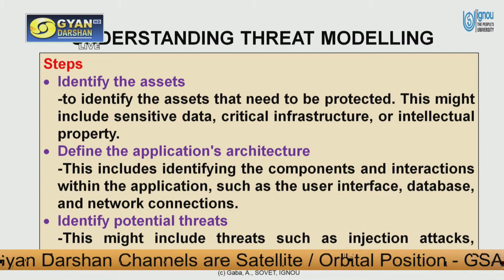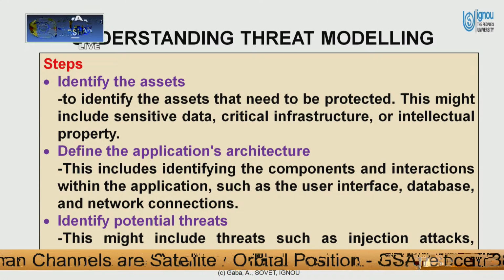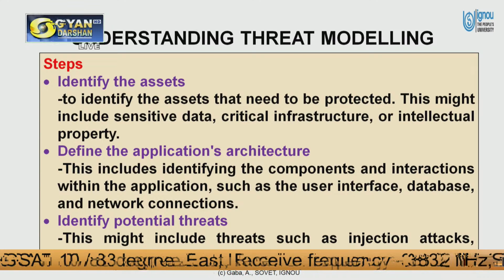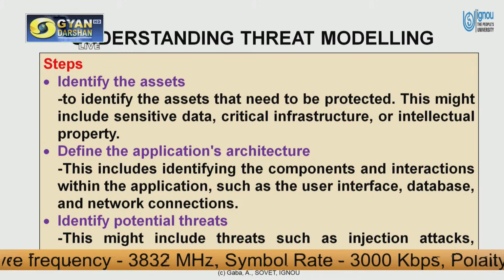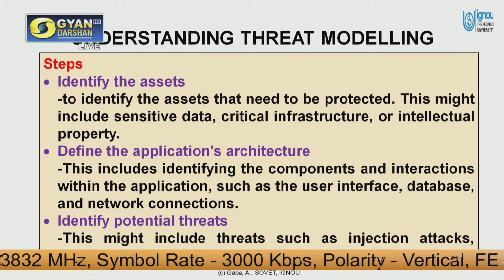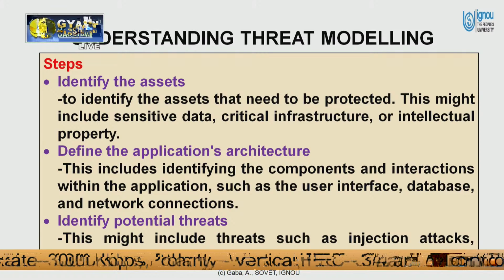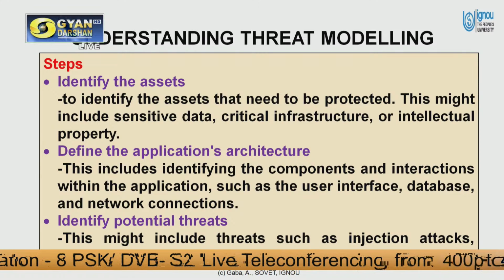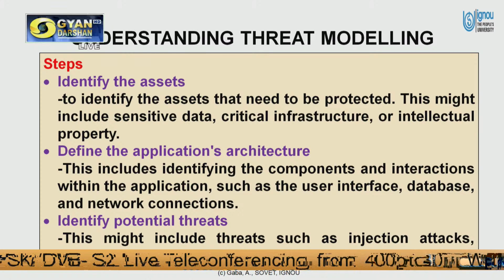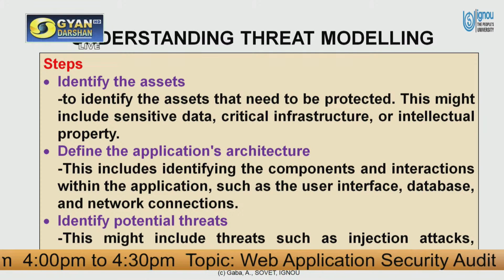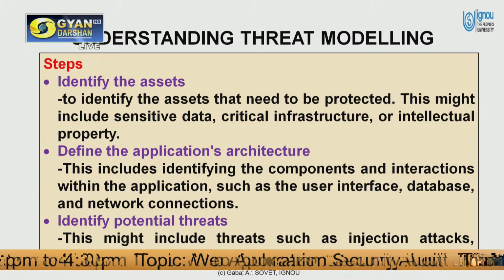You also have to identify the potential threats that will exist in future, because technology is changing very fast. We are discussing information security today, and tomorrow it will be in the context of artificial intelligence and machine learning, where a lot of companies hold data of their employees or students too. This step includes threats such as injection attacks. What are injection attacks? Denial of service attacks. What are denial of service attacks? Or social engineering attacks. This is very important for our social networks and social engineering attacks as well.